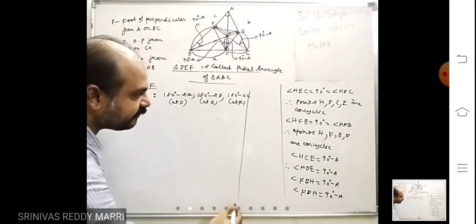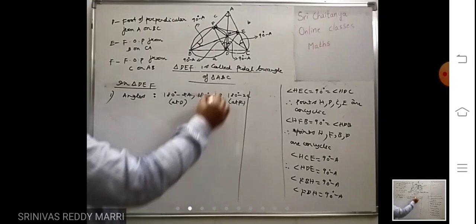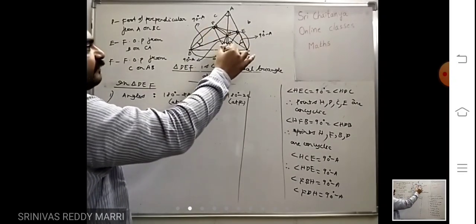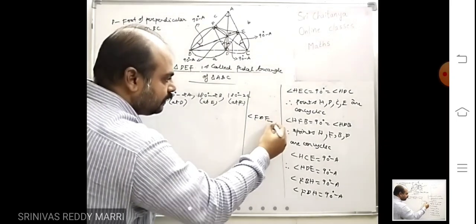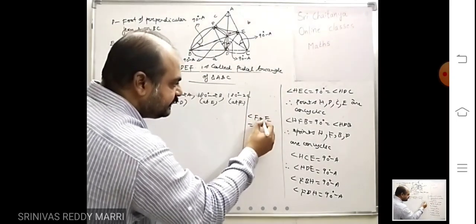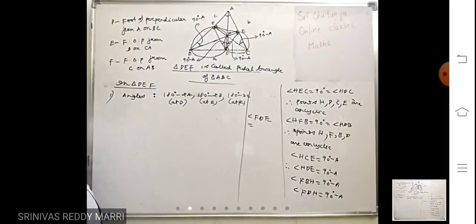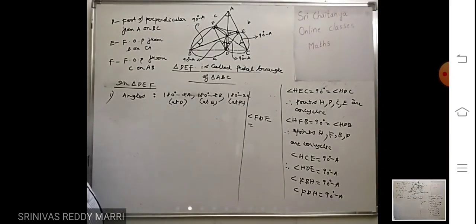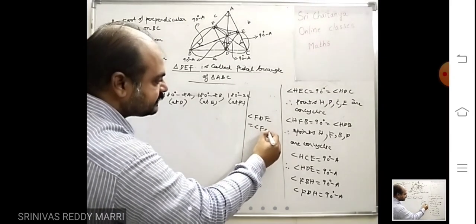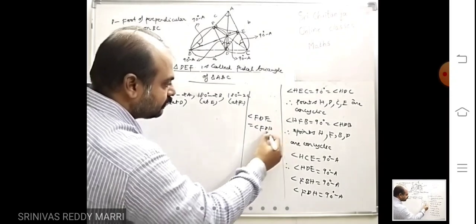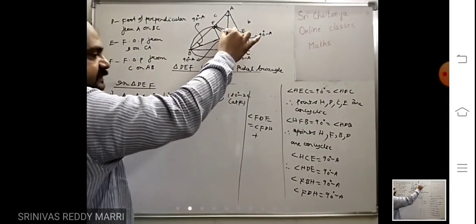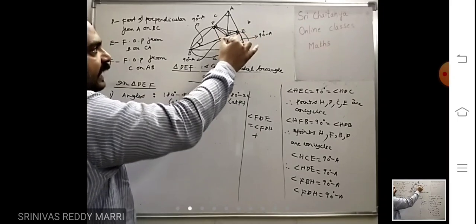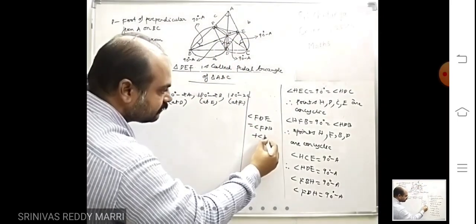I am writing the remaining here. Our required angle is nothing but FDE. In the triangle, the angle at D, this angle FDE, is the required angle. That is nothing but angle FDH plus angle HDE.